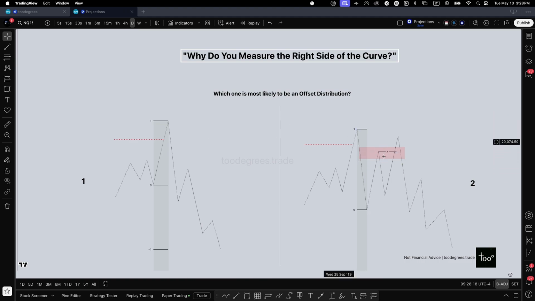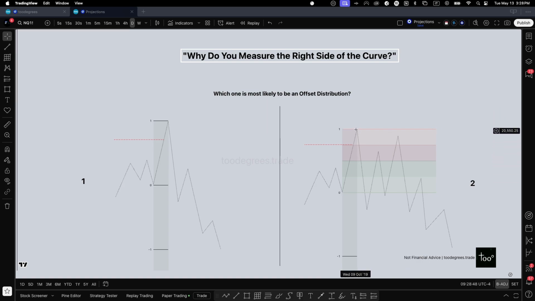The distinction between these two things, to me, the best way to make it as objective as possible is to look at this. I cannot believe I'm talking about this stuff. So if you're unsure whether it's offset distribution or not, because you haven't seen it enough in your charts before, this is a mechanical-ish way to do it.